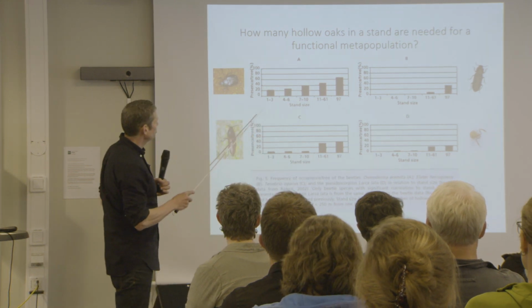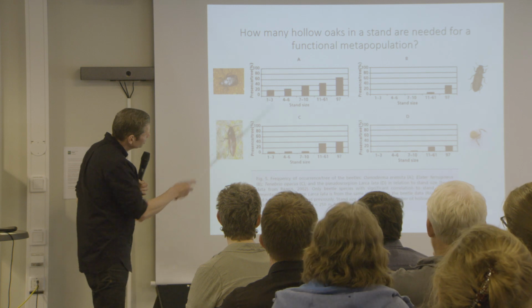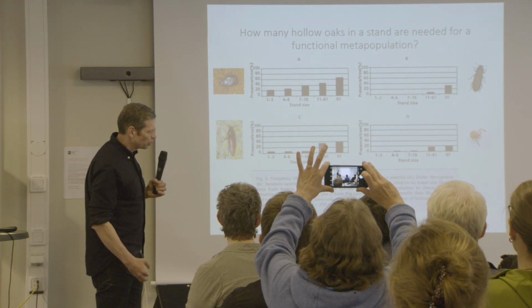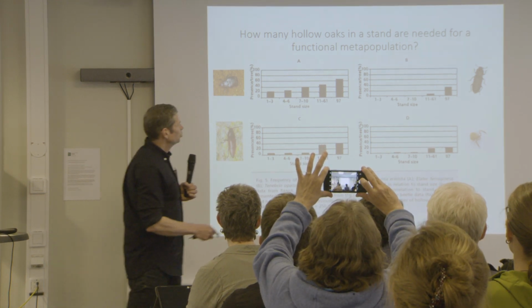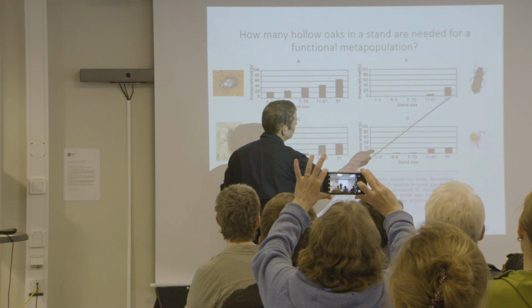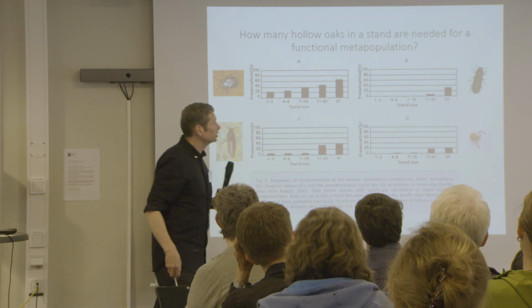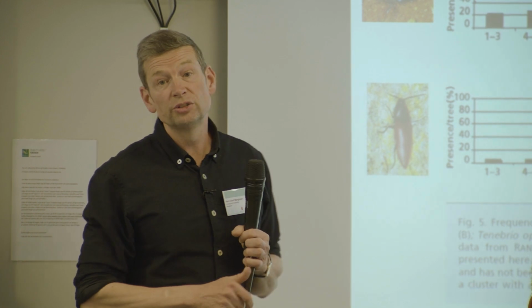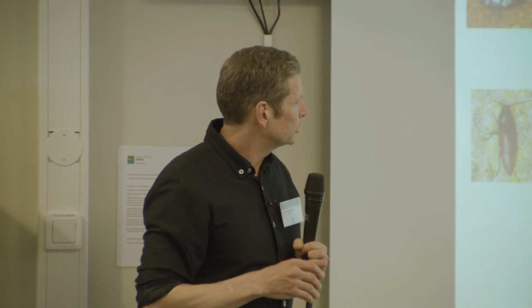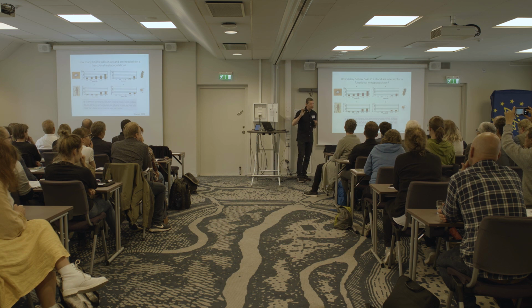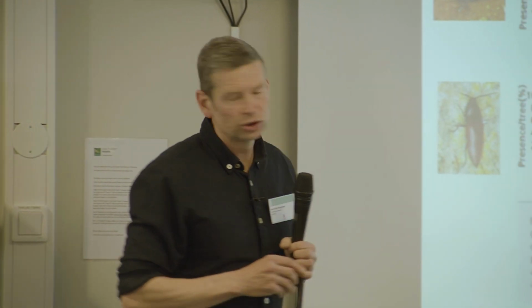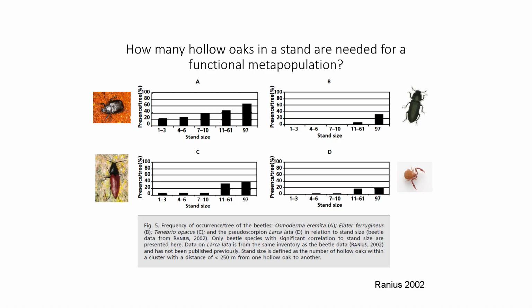So Osmoderma eremita has a 20% probability in a small stand. But Tenebriopacus, they need stands that are almost 100 hollow trees. So this gives a little bit of a clue how many they need. So at least around 20 trees. Then it starts to happen things with the really demanding species.